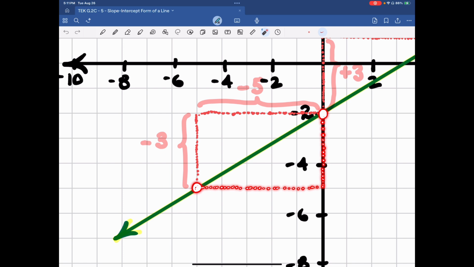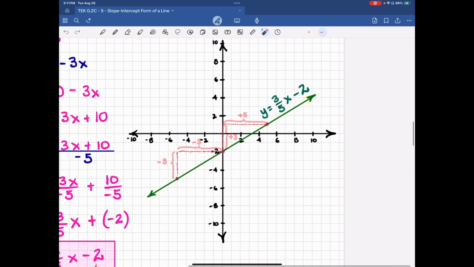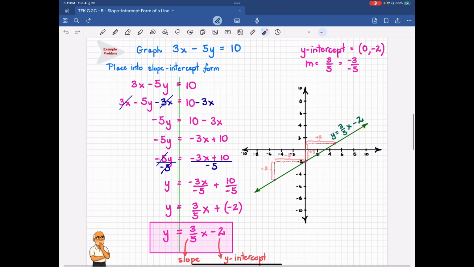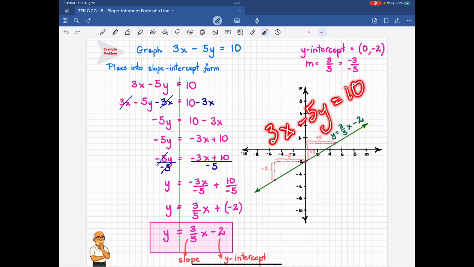And look, I get another point on the line. Whether it's a positive 3 over 5 or a negative 3 over 5, it gets me to that same line. So what we're looking at is the graph of y equals 3/5 x minus 2. Or we could call it 3x minus 5y is equal to 10. That and this are the same.